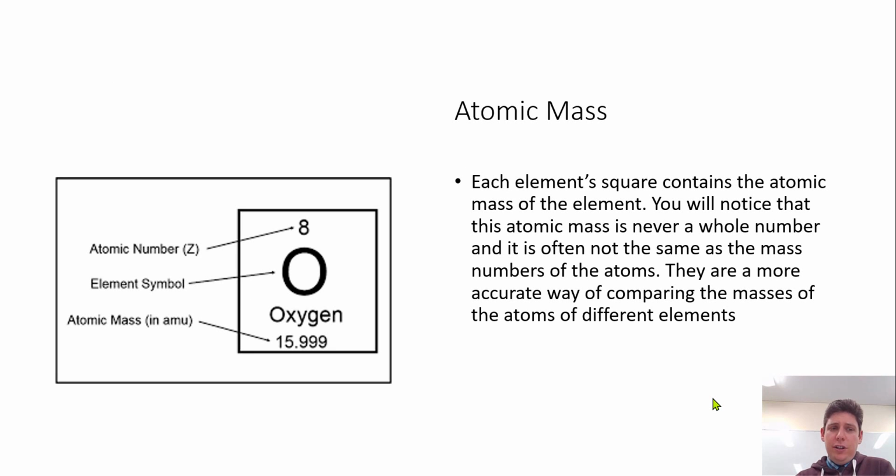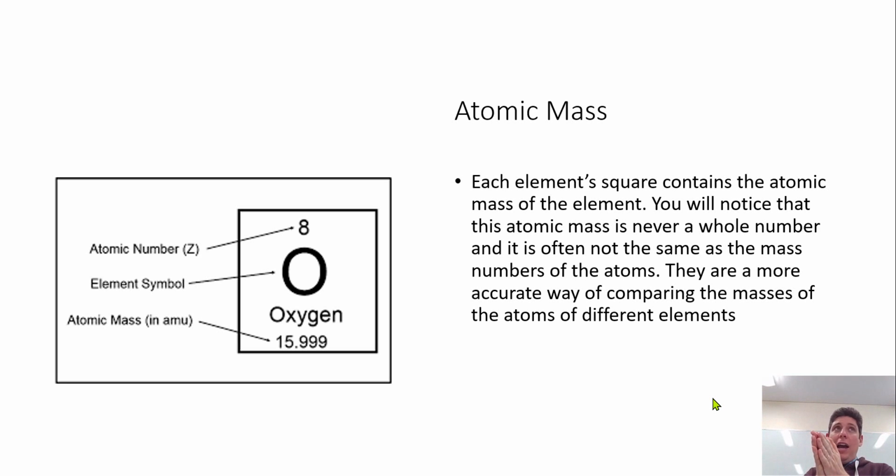We have oxygen. Its atomic number, or the number of protons, is 8. Its symbol is O. The atomic mass down the bottom is nearly 16. Most isotopes of oxygen have 8 protons and 8 neutrons.